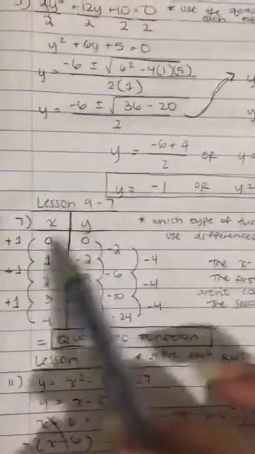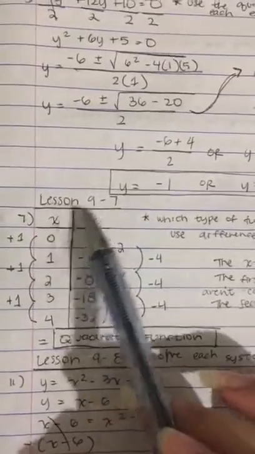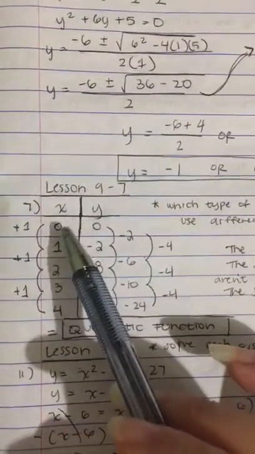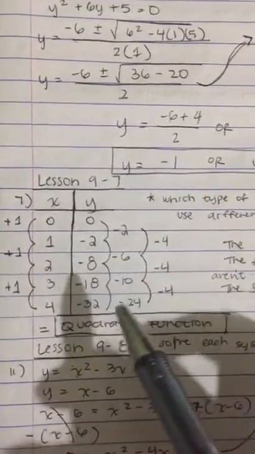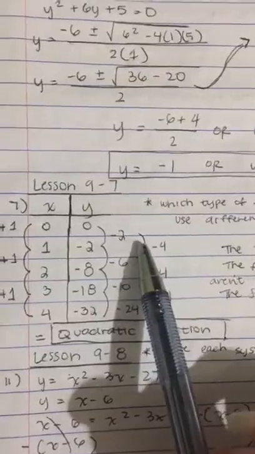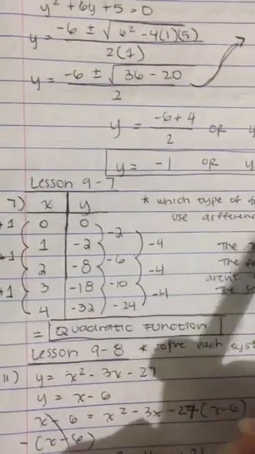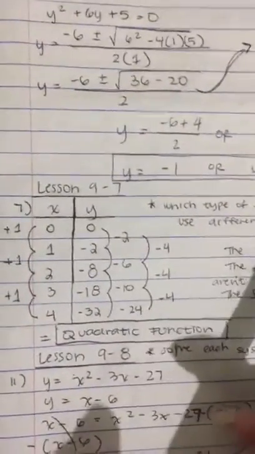For lesson 9-7, I chose to do number 7, which gave us a table of x and y with the numbers 0, 1, 2, 3, 4, and 0, negative 2, negative 8, negative 18, and negative 32. And we were told to write which type of function best models the data, using differences or ratios.